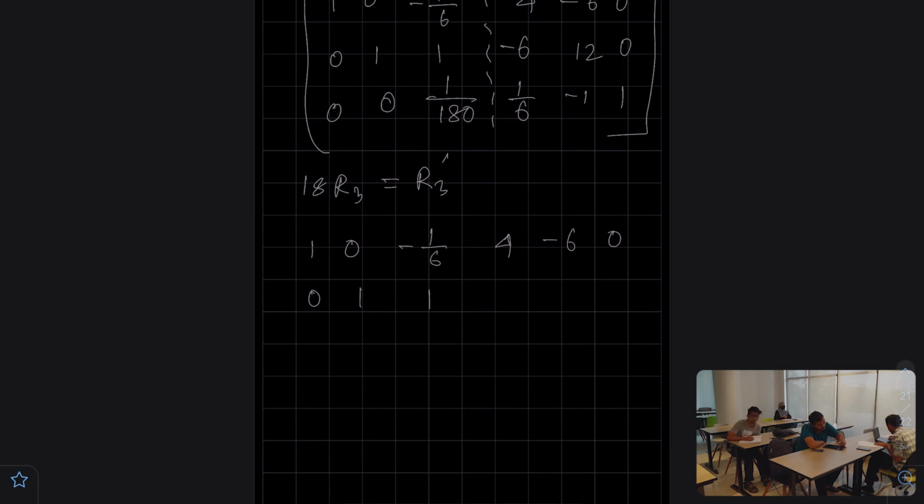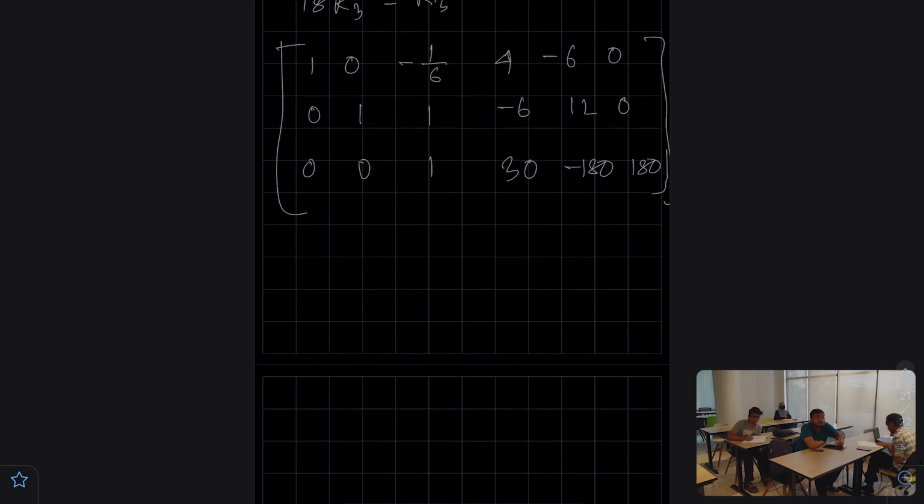Then the operation will be 1/6 R3 plus R1 equals R1 prime, and minus R3 plus R2 equals R2 prime.